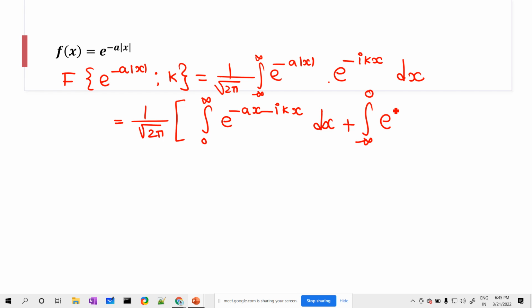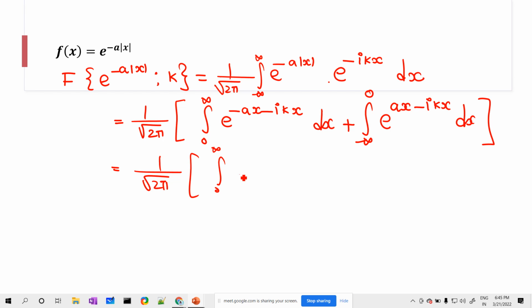So this becomes e raised to ax minus ikx dx. So it is 1 upon root 2 pi. If I integrate this, I just simplified one more step. So it is e raised to minus x, a plus ik dx plus integrating minus infinity to 0, e raised to x, it will become a minus ik dx.